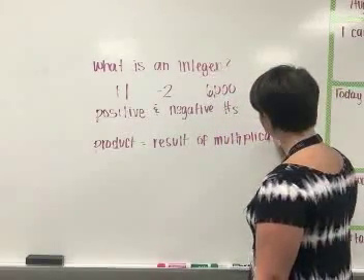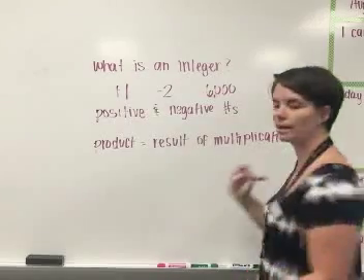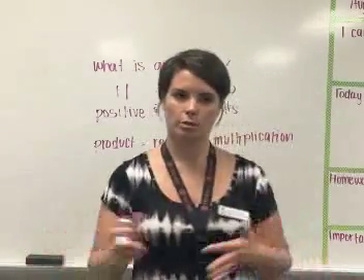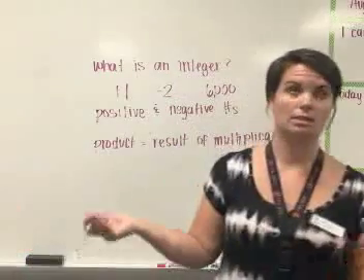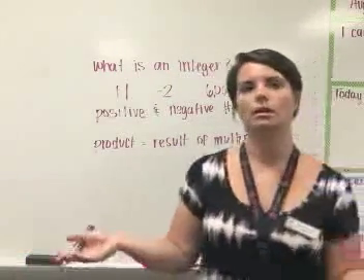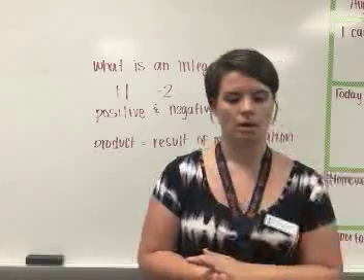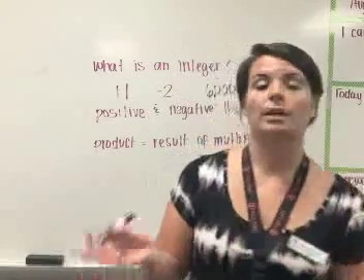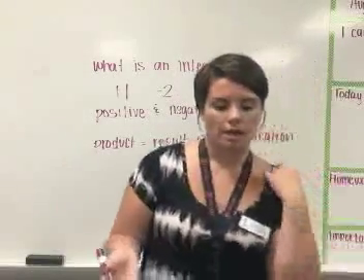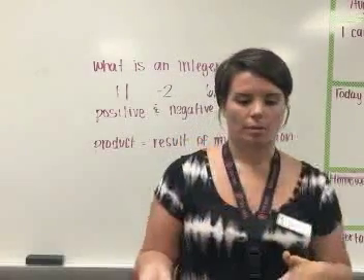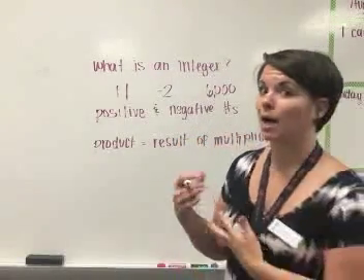Okay? So it doesn't matter if I multiply 1,000 times a million, the result is the product. It doesn't matter if I multiply 1 times 1. The result is the product because I multiplied. So let's talk about using integers when we multiply. Now if I multiply a positive number by a positive number, I get a positive product.